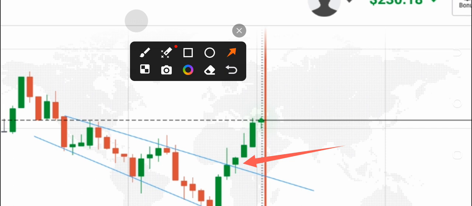It's no longer going to hold this support level. It is going to break because of the opening price. And yes, after that it was a bullish candle, a bullish candle, a bullish candle.